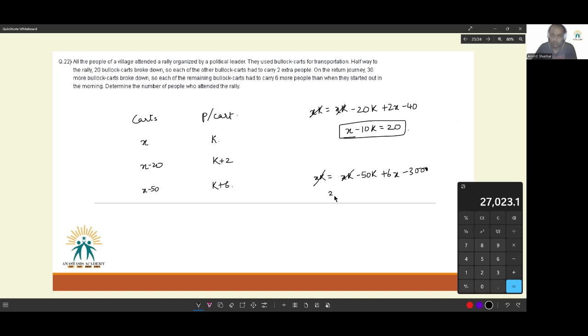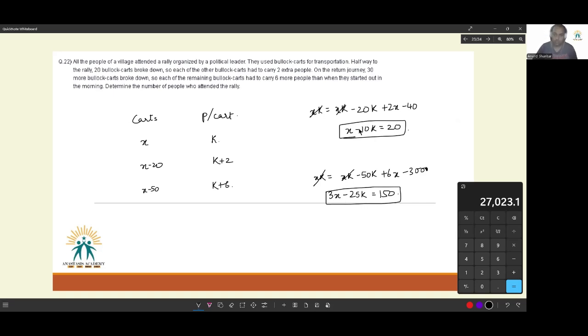XK gone. So we have 3X minus 25K is equal to 150. This is another equation. Basically, I've divided by 2 and then done the further processing.